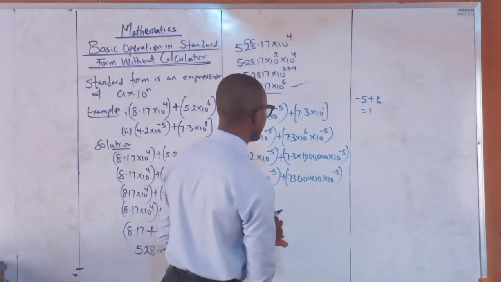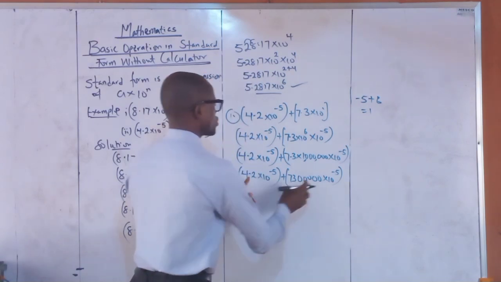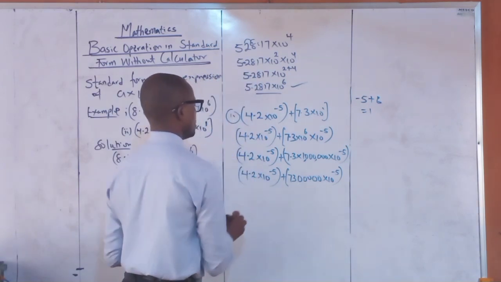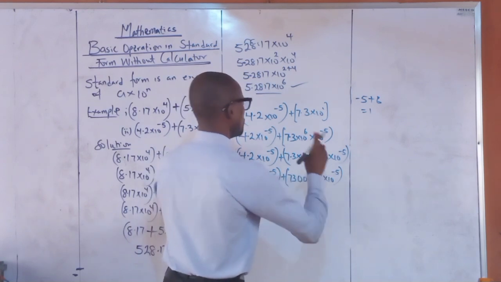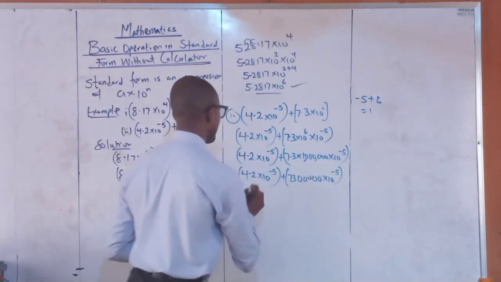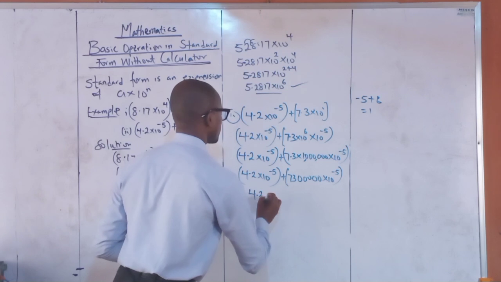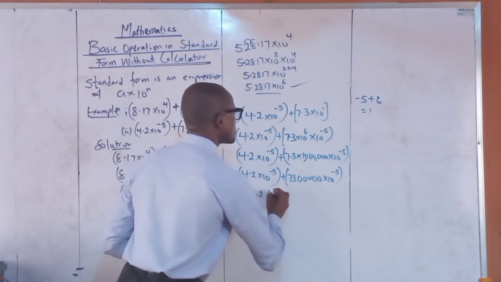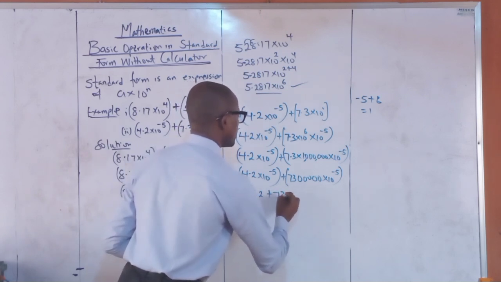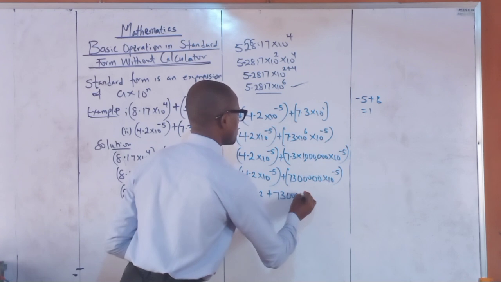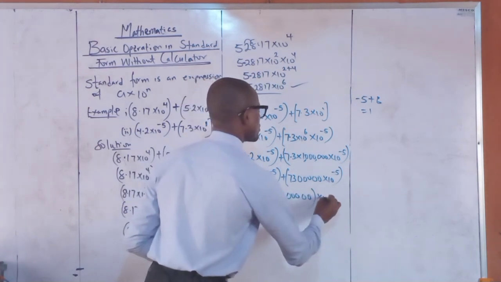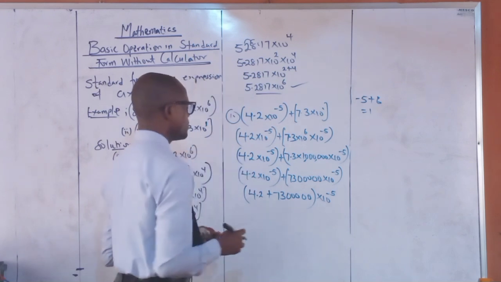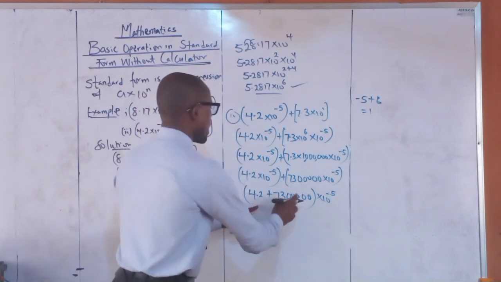Now, the next thing to do is to add the numbers, and we pick 10 to the power minus 5 as a common factor. So we have 4.2 plus 73,000,000, then times 10 raised to the power minus 5. So from here, we can now add.